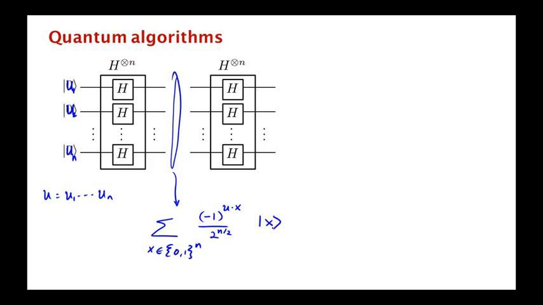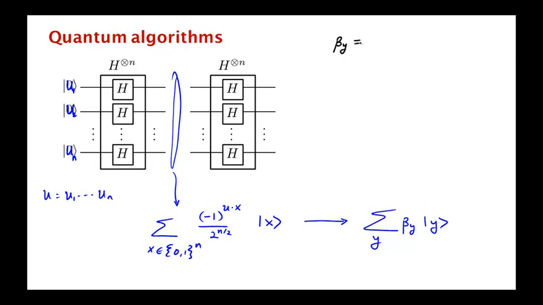Now what happens when you do another Hadamard transform here? Your new Hadamard transform transforms this into a summation over y of beta sub y times y. And what's beta sub y? Let's compute it.